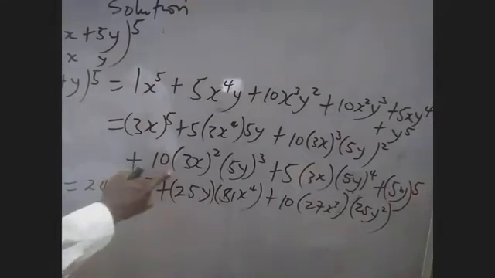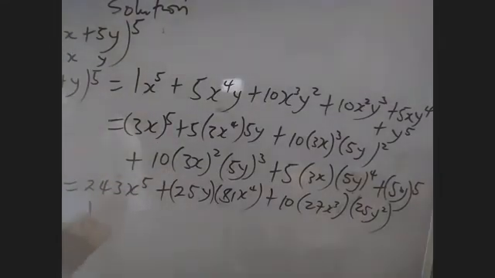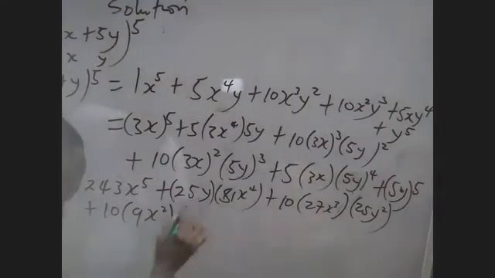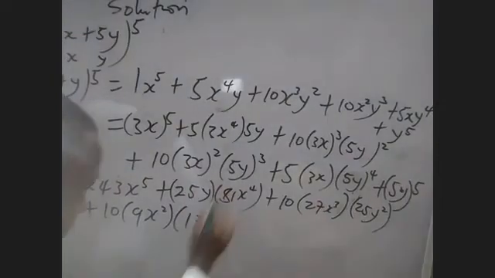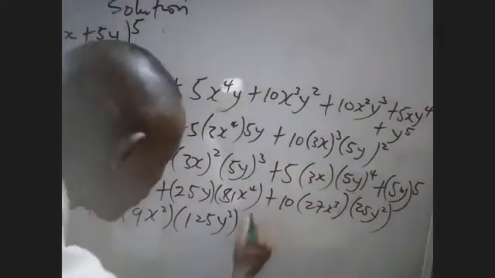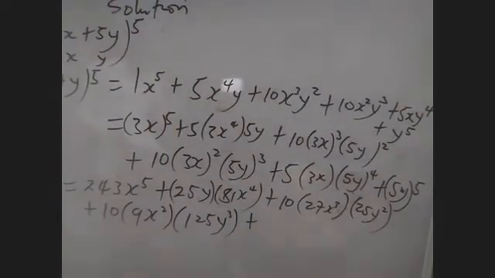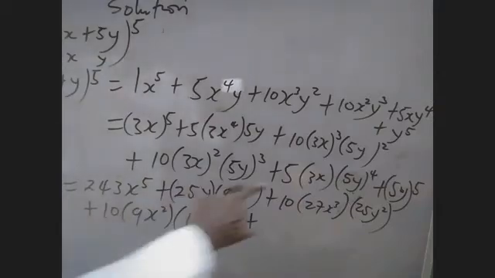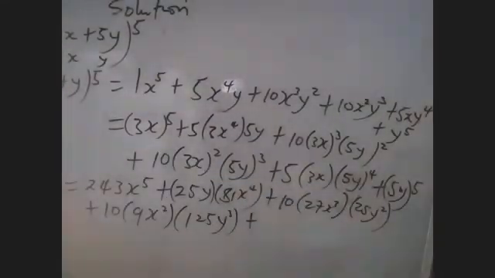So if we come to this term, here will be equals to plus 10 first, into bracket 9s squared, bracket 5 times 5 times 5 is 125, bracket 125 y raised to the power of 3. Then plus, the next thing is to open this. 5 times 5 times 5 into 4 places.